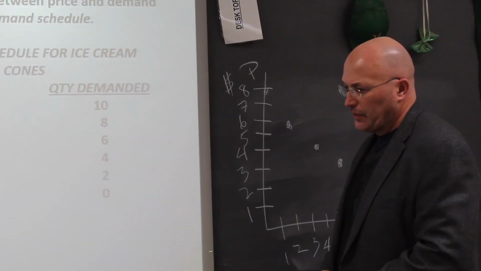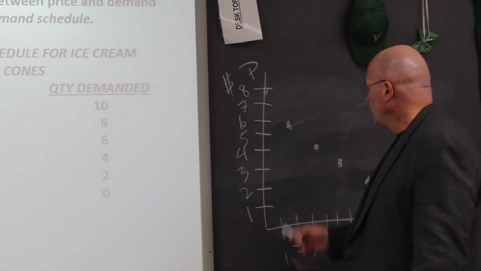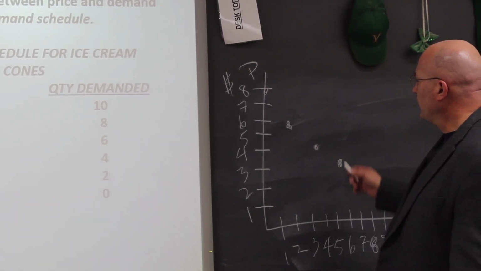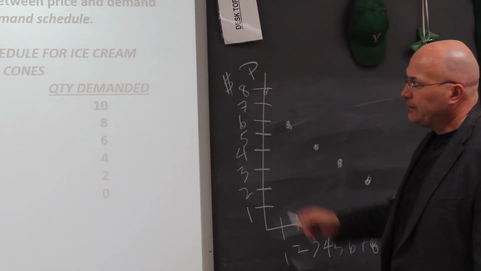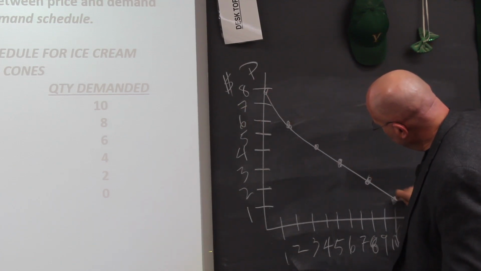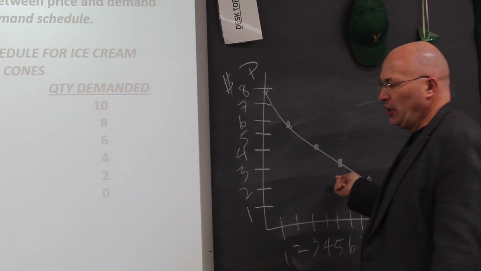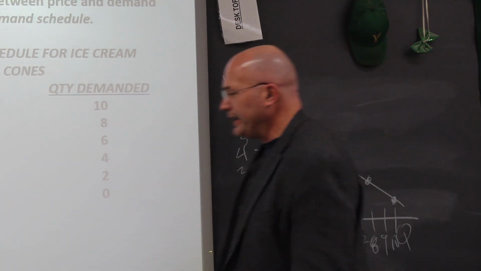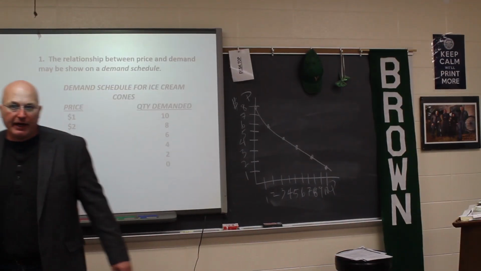Now, if I connect those dots together, all the points that I've gotten from my demand schedule, I end up with a curve that looks like this. It slopes down and to the right.